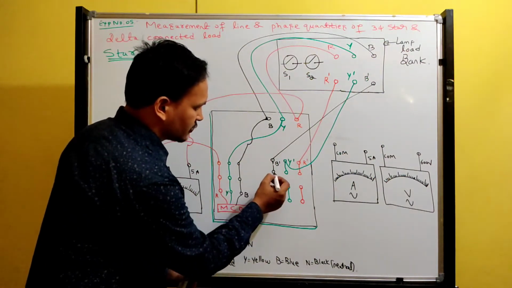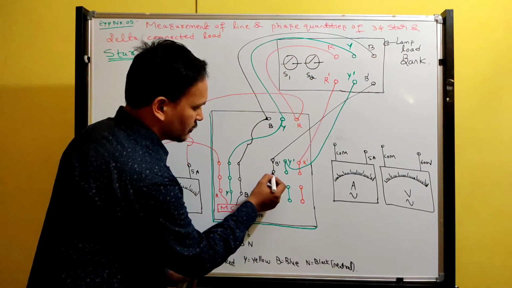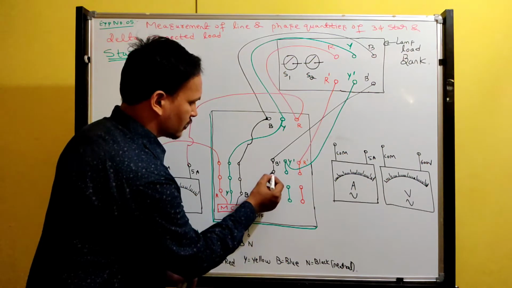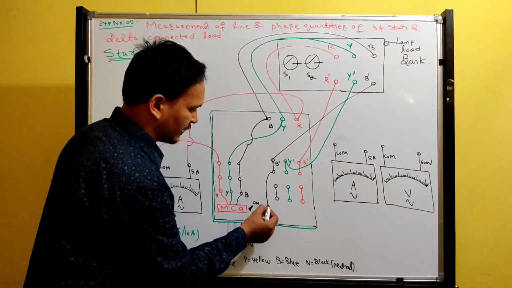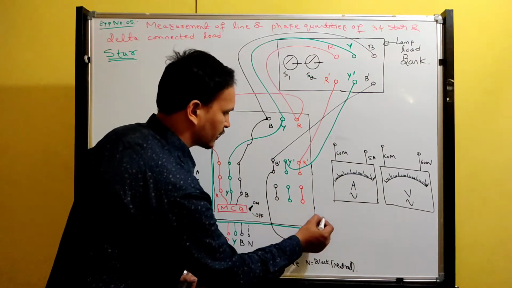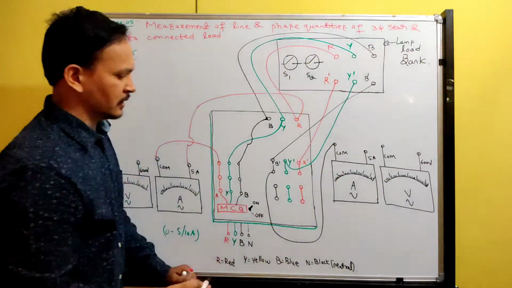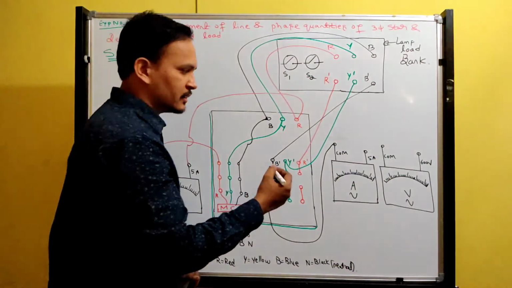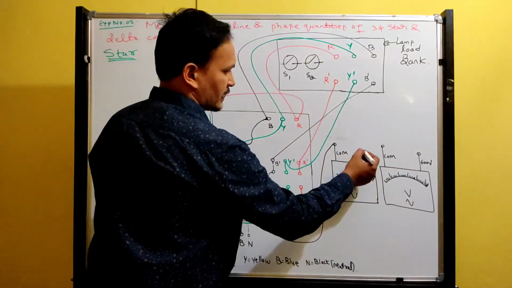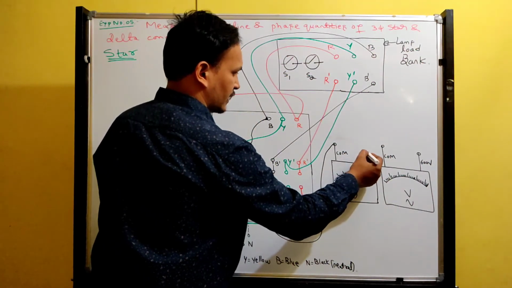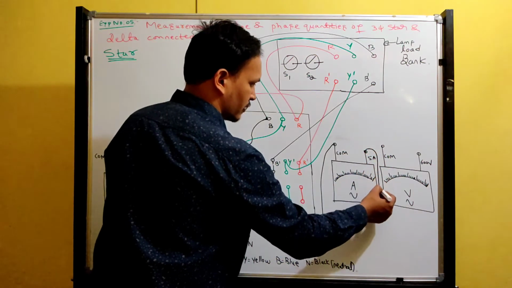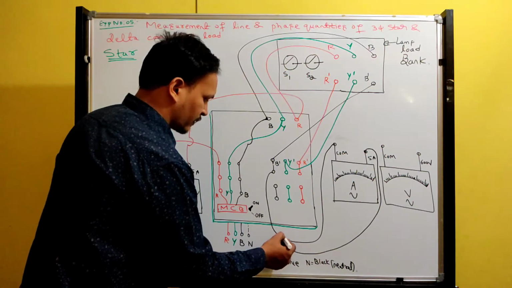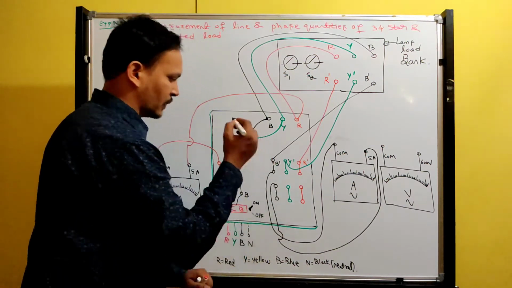So now B dash is connected to common of the ammeter. See, I am going to take like this. B dash is connected to common of ammeter. And ammeter another end, that is 5 ampere terminal, is connected again back to here only.